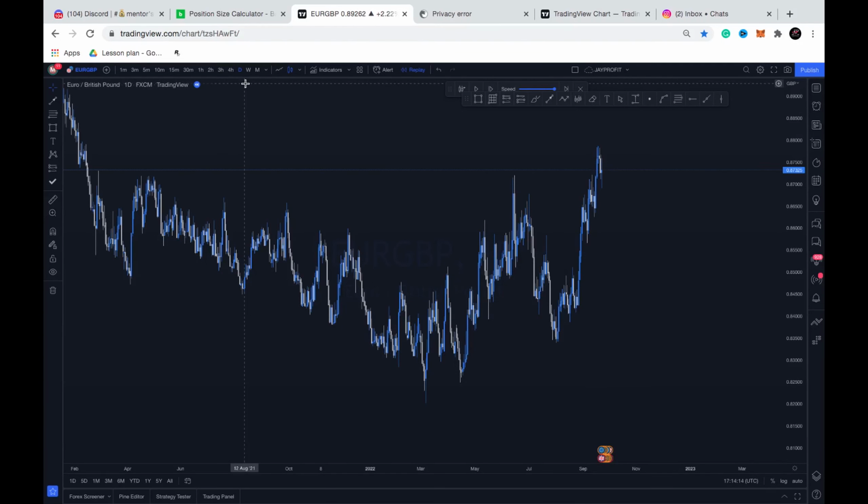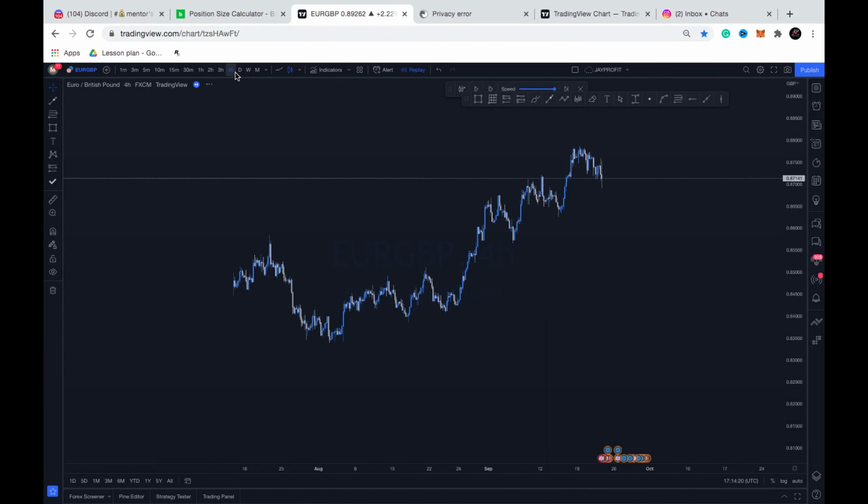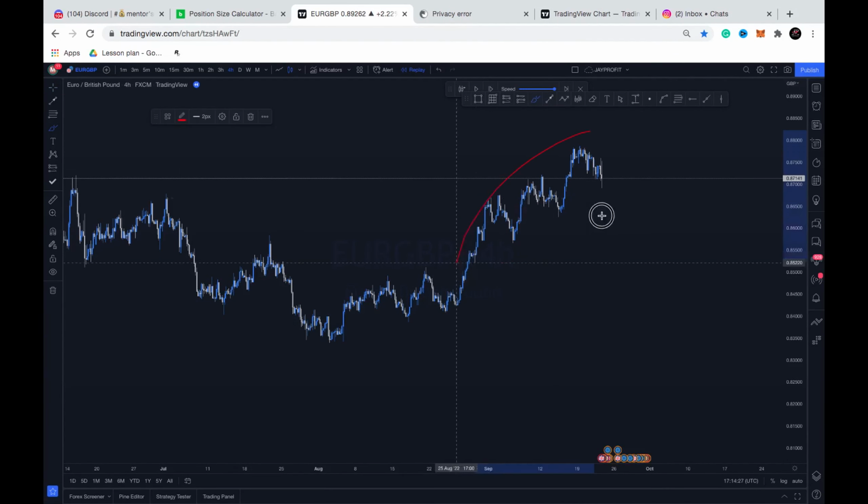Now let me show you how I was able to trade a reversal, or shall I say a retracement, and catch a whole lot of pips. Focusing on this recent price action on Euro GBP, this is what I do after every break of structure.